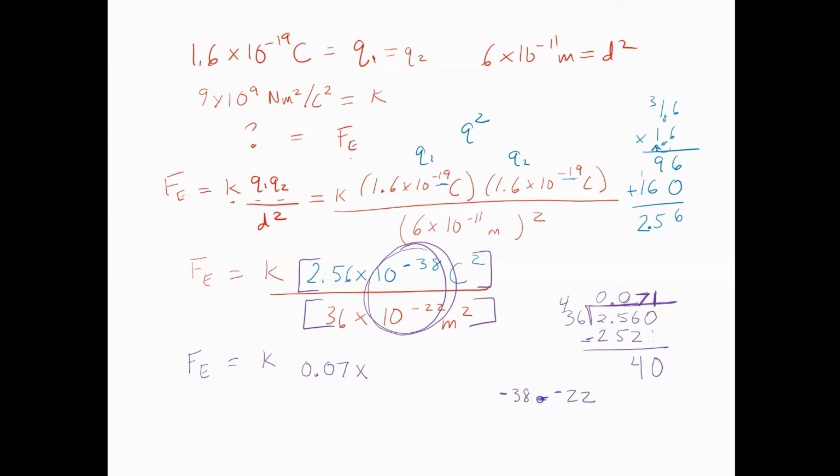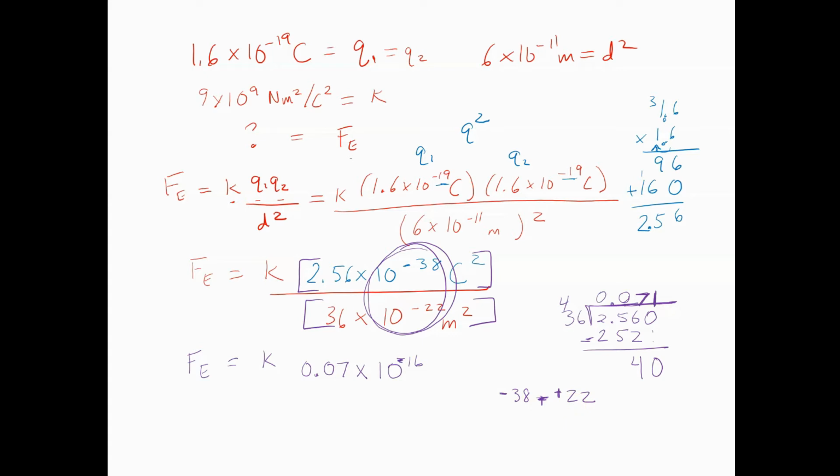Remember, minus in math is plus the opposite. So negative 38 plus a 22 is going to be times 10 to the negative 16. 38 minus 22 is 16. And it's negative because the 38 is larger than the 22.